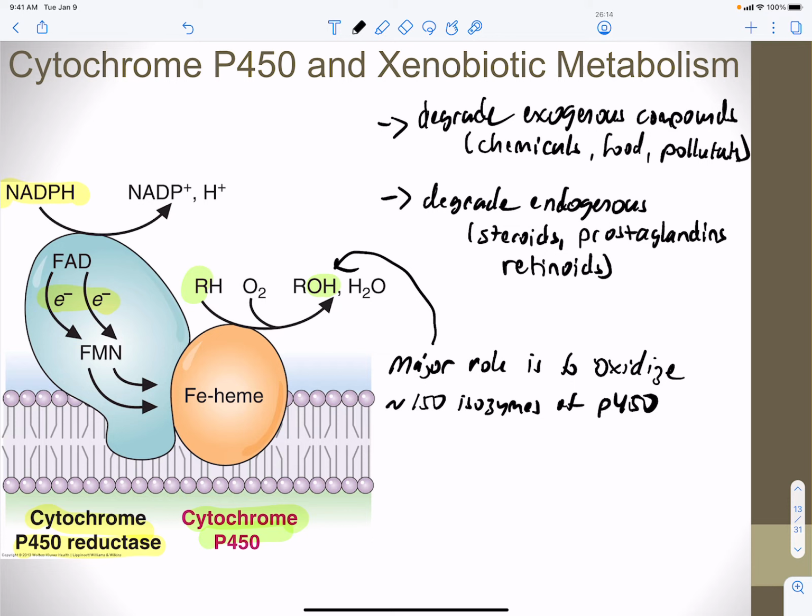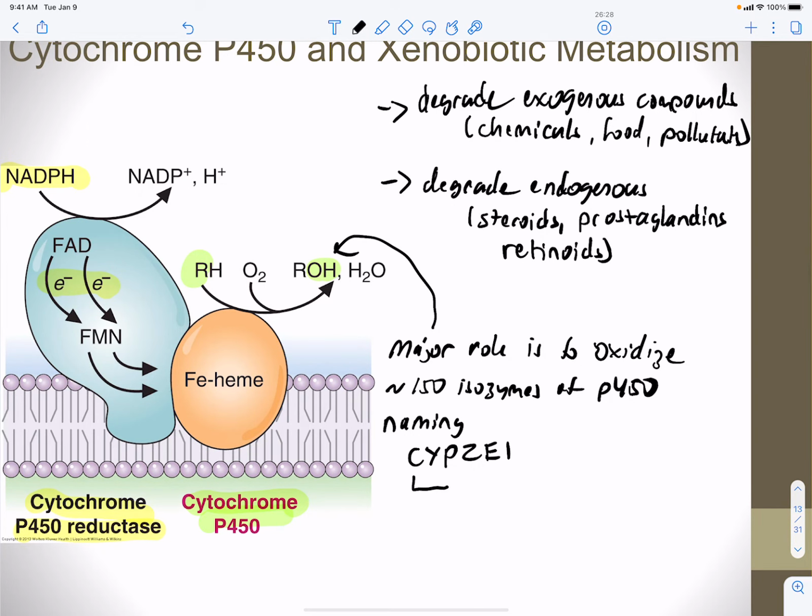So let's talk about naming just for a second because we're going to talk about many of these. In the case of CYP2E1, you have the CYP, and this is going to denote the cytochrome P450. And then you have your 2, which is going to give you the subfamily.